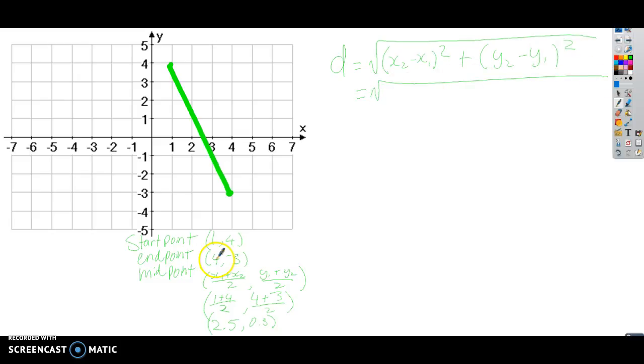So x2 is going to be 4 minus 1 squared plus y2 -3 minus 4 all squared. I punch all of that into my calculator. Square root of, open brackets, 4 minus 1, close bracket squared, plus, open brackets, -3 minus 4, close bracket squared. And once I do all of that, it'll tell me that it's the square root of 58, or 7.62.